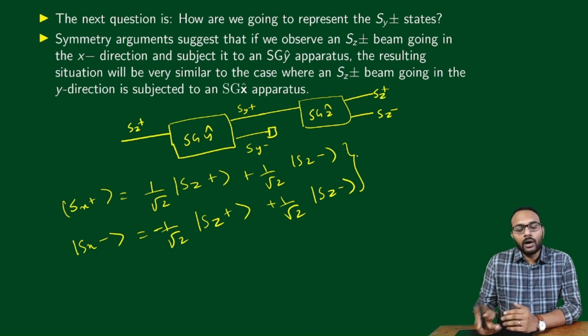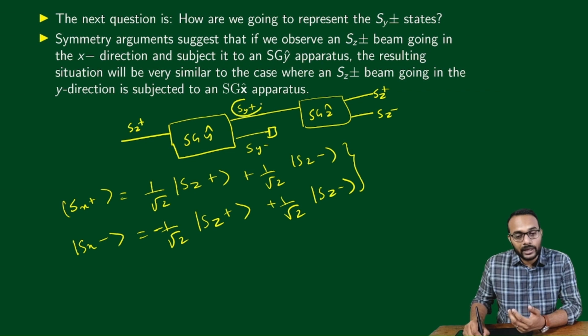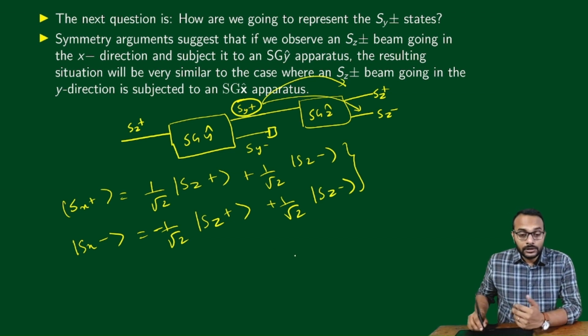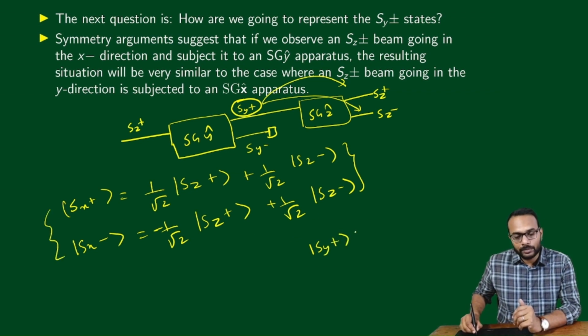Now how do we represent Sy? It seems that Sy plus also has components along the Sz plus and Sz minus directions in some sense. So based on this logic, we should be able to write something like Sy plus is equal to some coefficient multiplied by Sz plus, plus some other coefficient multiplied by Sz minus.